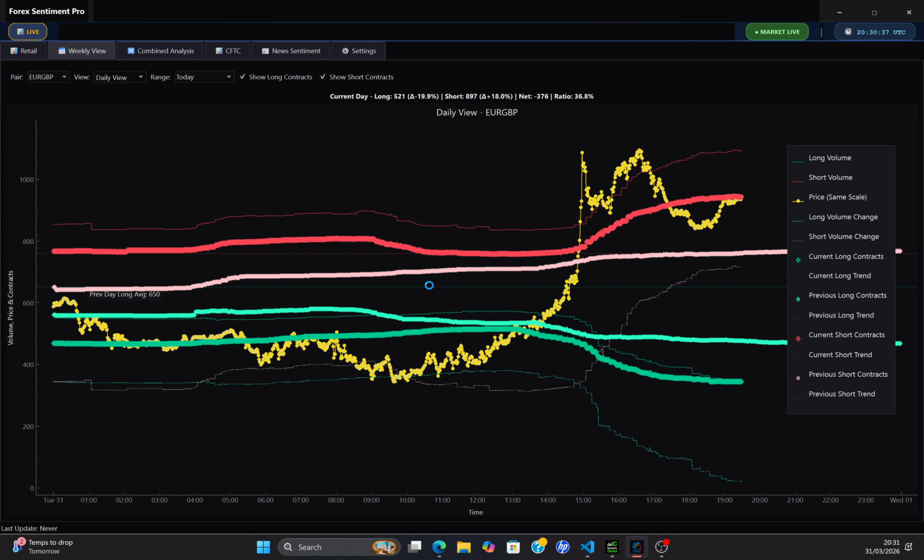When it's too noisy, try to shift to the weekly view. But here on EURGBP, the view is not noisy because they kept their short positions. They're not closing out their short positions, so we don't get any crossover.